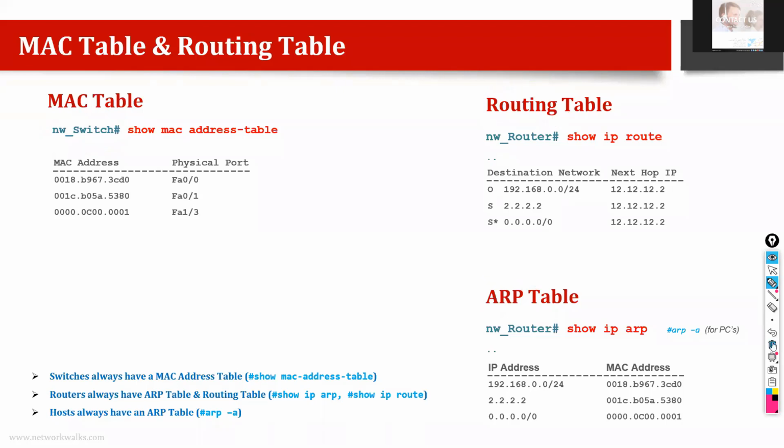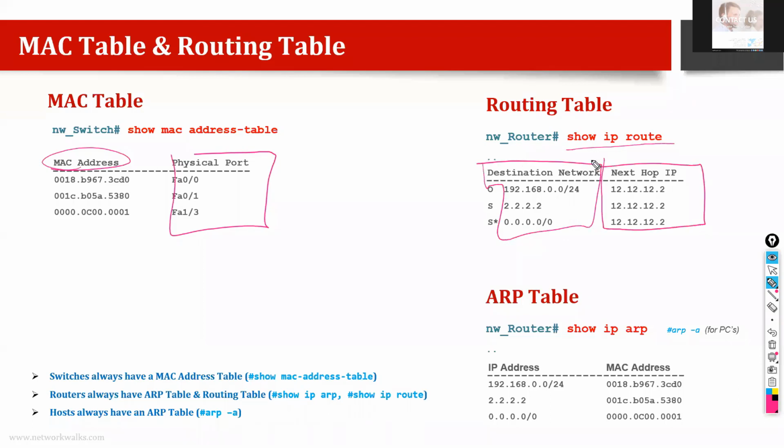Right? Another difference is that the MAC address table gives us the correlation between MAC addresses and physical ports, which MAC is connected on which port. The routing table gives us the correlation between the destination network and how to reach there, the next hop IP. While the ARP table gives us the correlation between IP addresses and MAC addresses.